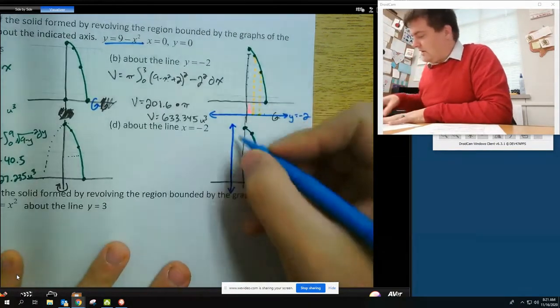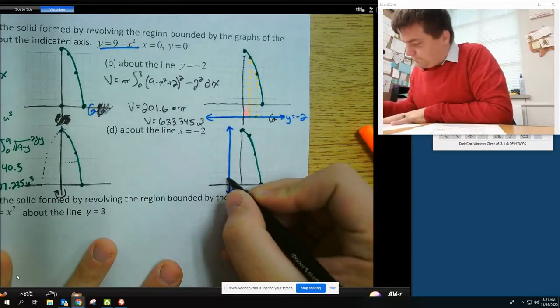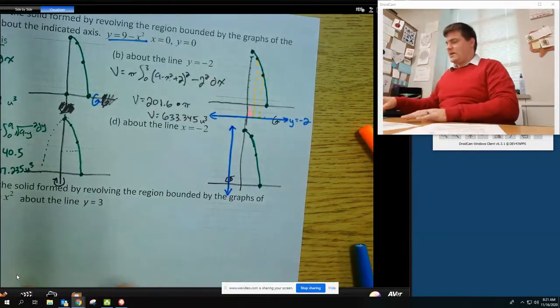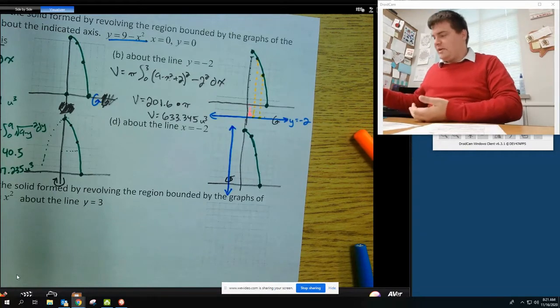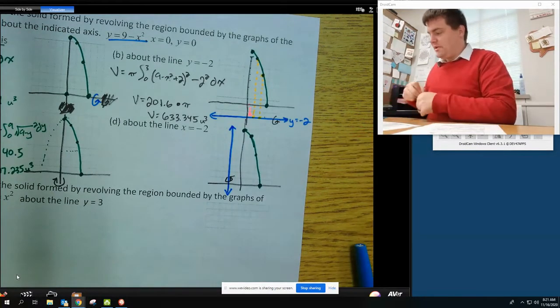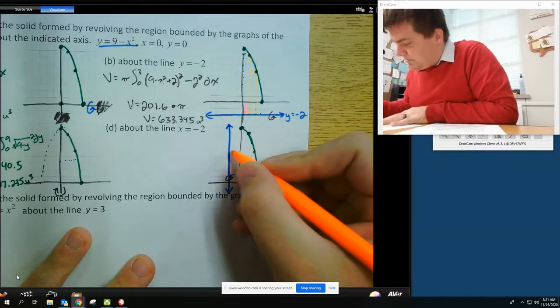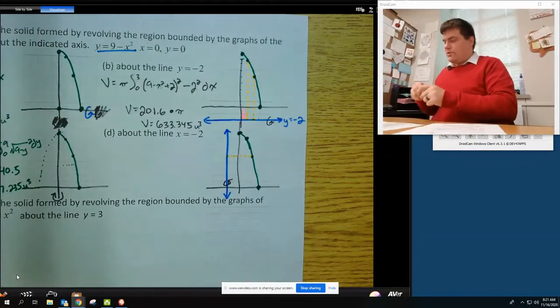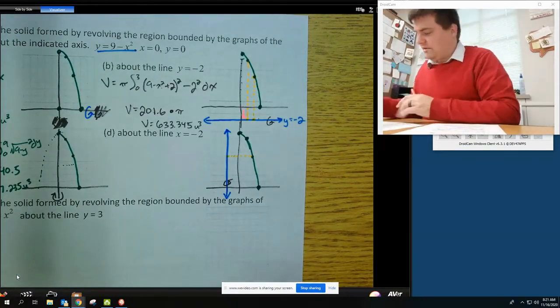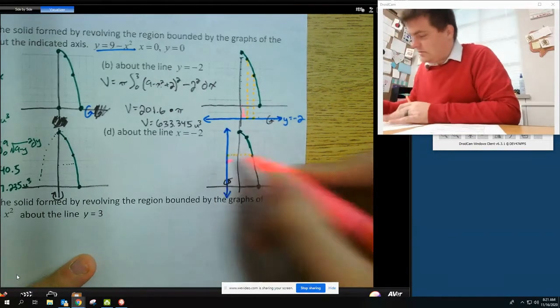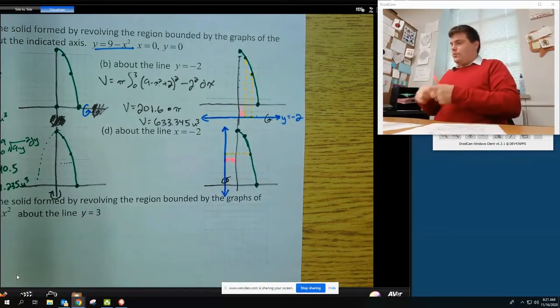And I'm rotating about this. Okay? So again, I'm going to have my big and my little. So now I'll do this, the big one in orange, big partition. So it's going to be the orange one minus the pink one. Okay? So orange is my big radius.